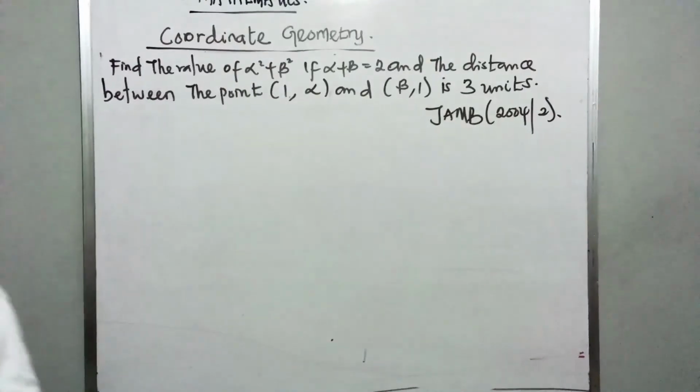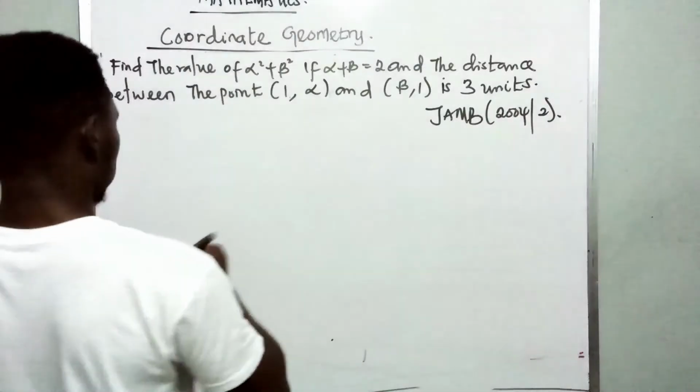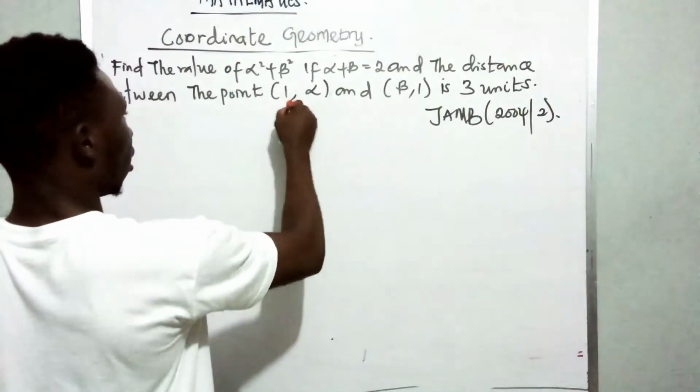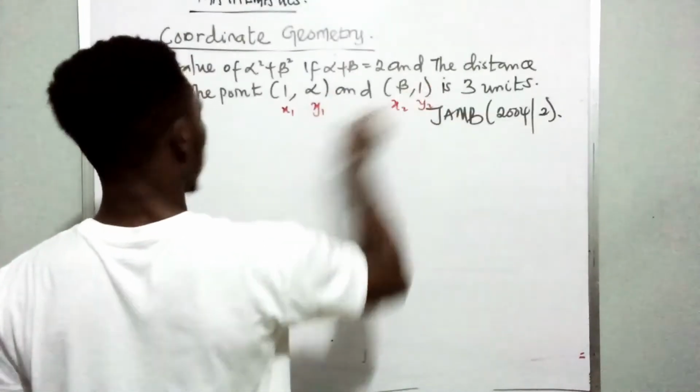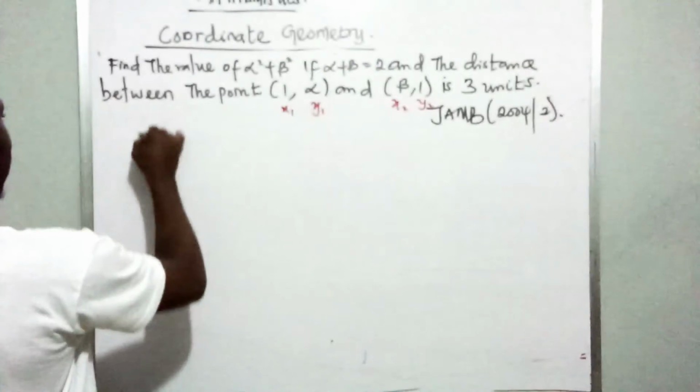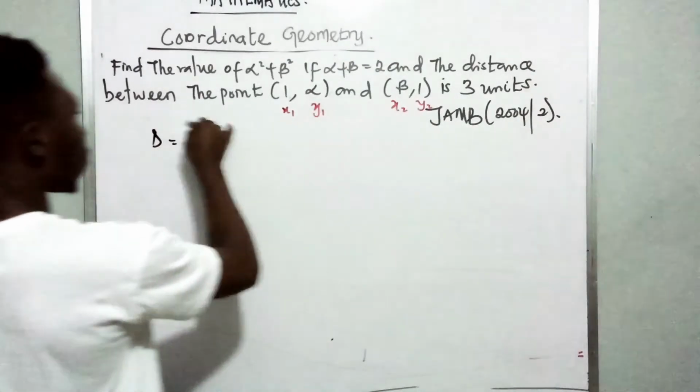Find the value of alpha squared plus beta squared if alpha plus beta is equal to 2 and the distance between the point 1, alpha and beta, 1 is 3 units. So this is what? x1, y1, x2, y2. So this becomes, now my distance here is equal to square root of what?